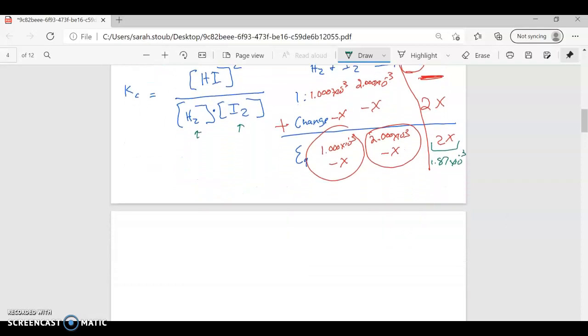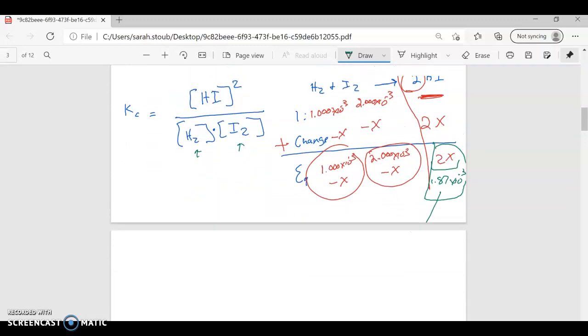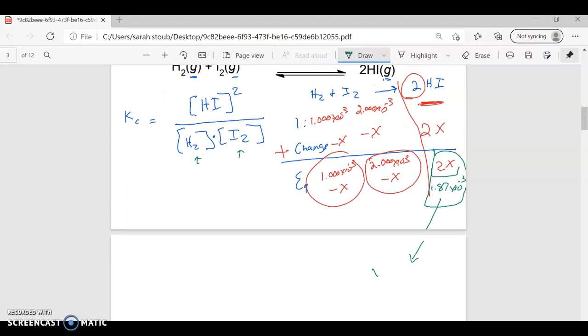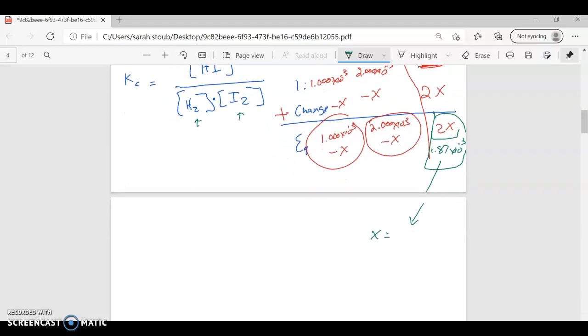So now that I know 2x is equal to that number, I can actually solve for x. So I'm going to say 2x is equal to 1.87 times 10 to the negative 3. That way, x is equal to 0.000935.